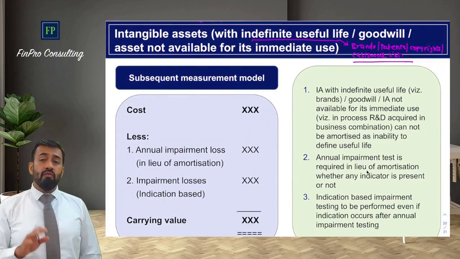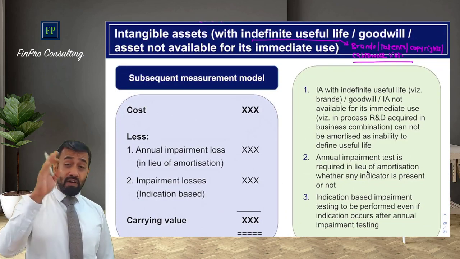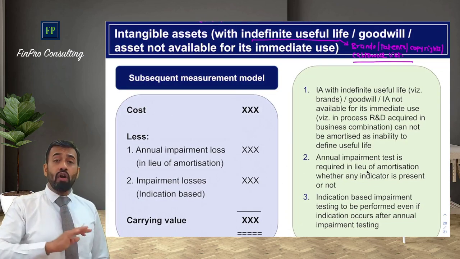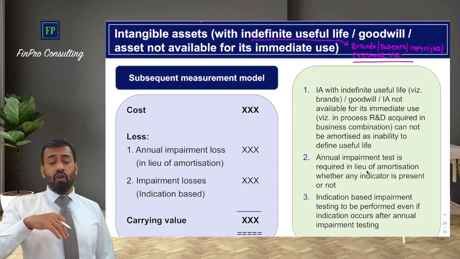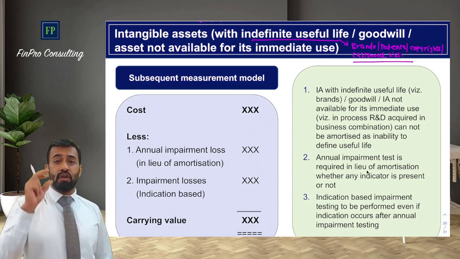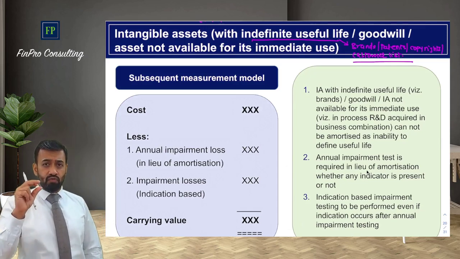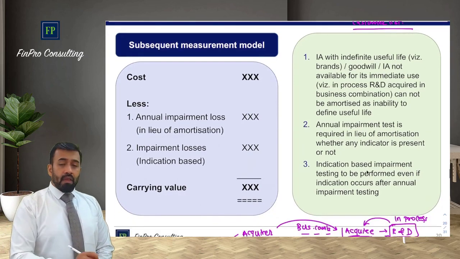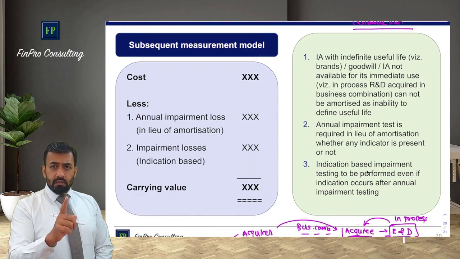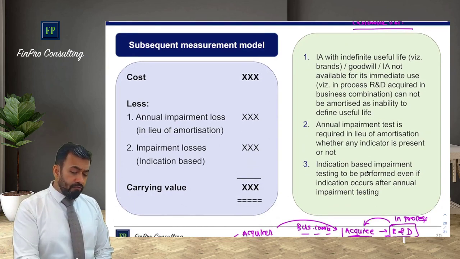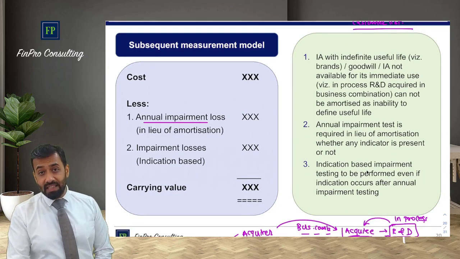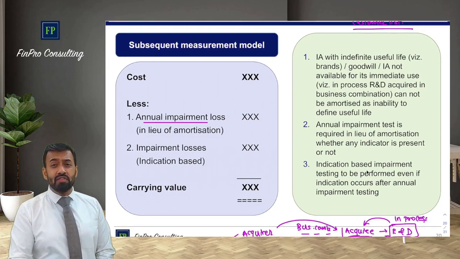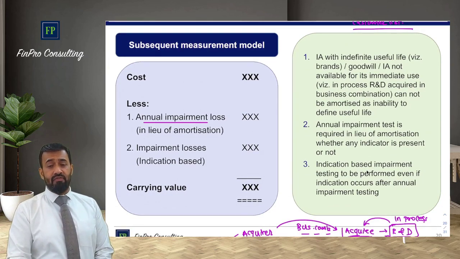Such assets will not have a revaluation model, and we cannot provide any amortization because a number of years of useful life cannot be assigned to it, and that's why only the cost model applies. Instead of amortization, you will have to test this asset annually for impairment, at least annually. Very, very important.